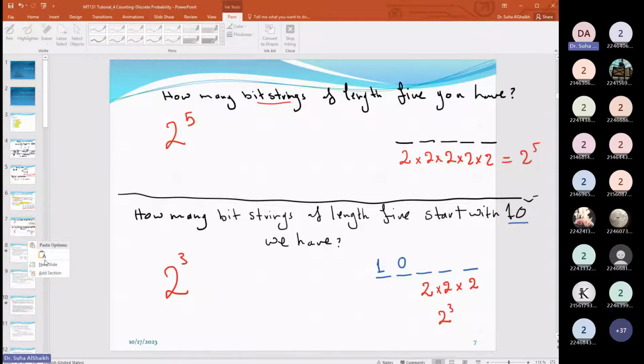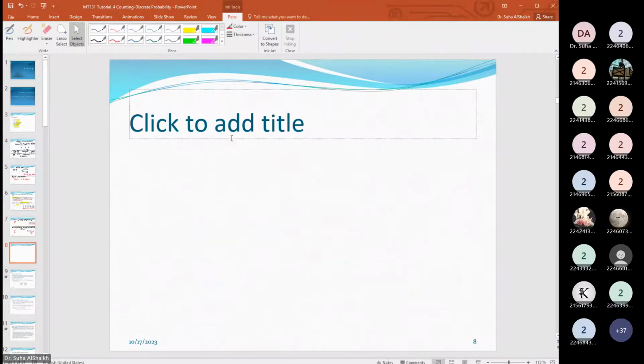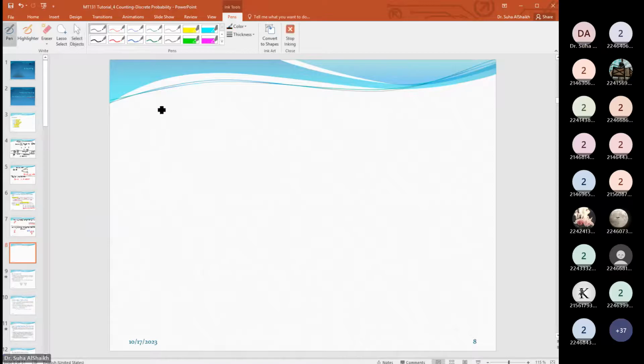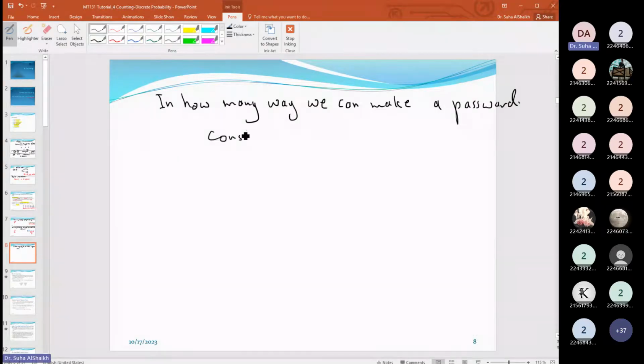Okay, if I ask you this question, in how many ways can we make a password consisting of 4 digits?